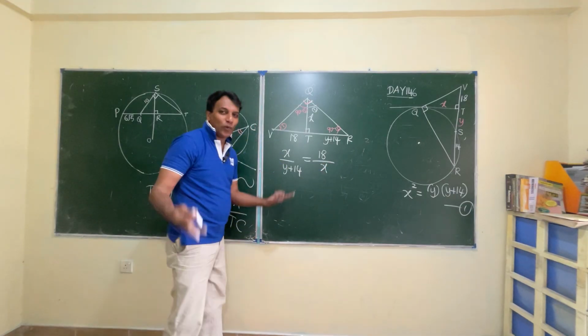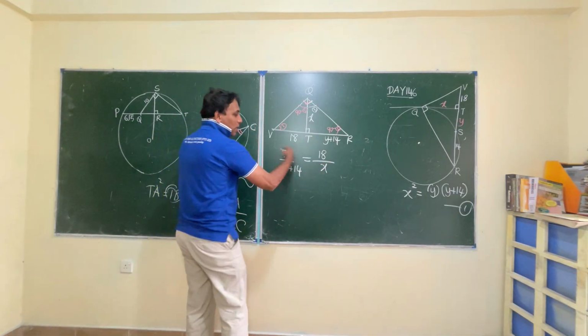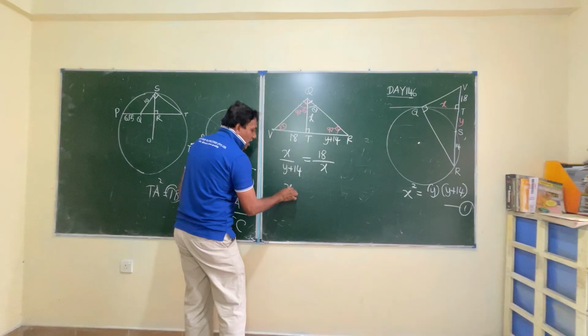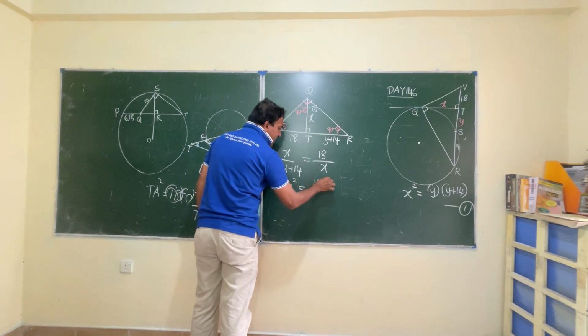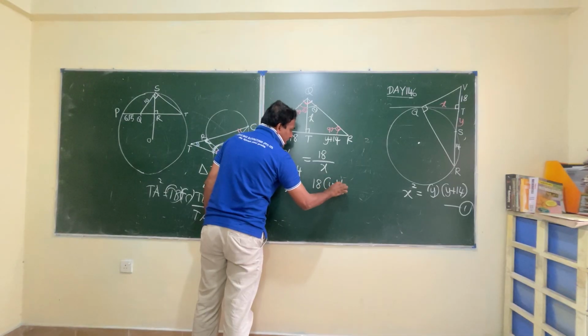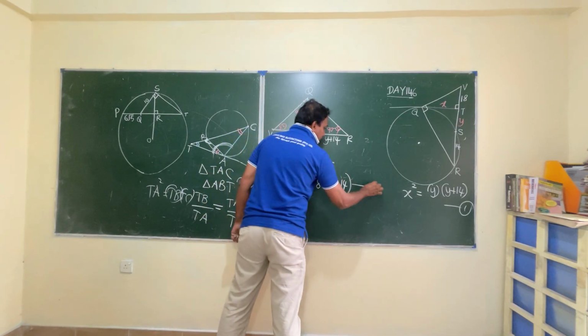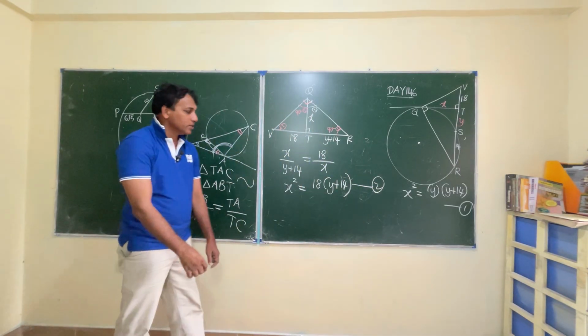Wow, another equation. Cross multiply: x square equals 18 into y plus 14. That is the second equation, right?